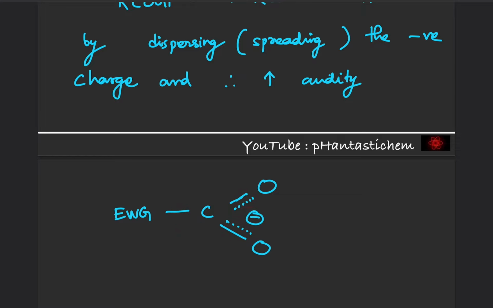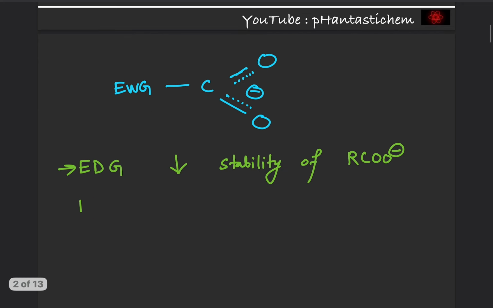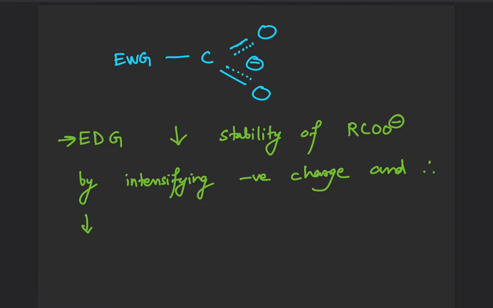But if we have electron donating groups, what are these going to do? They decrease the stability of the RCOO minus ion by intensifying the negative charge, and therefore decrease the acidity of carboxylic acids.